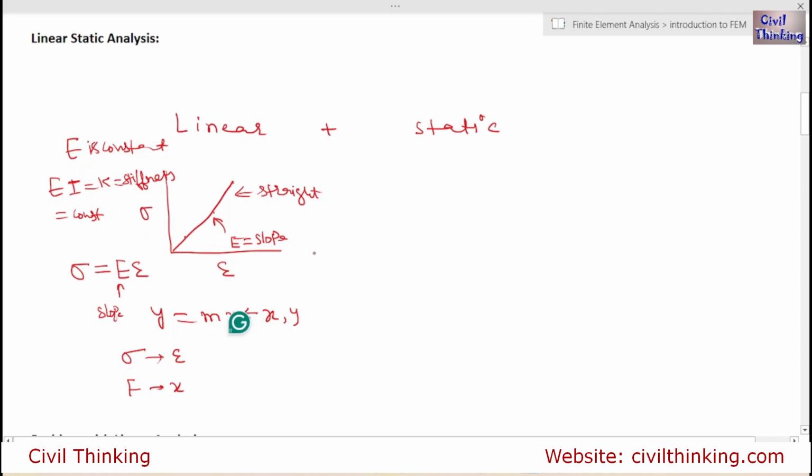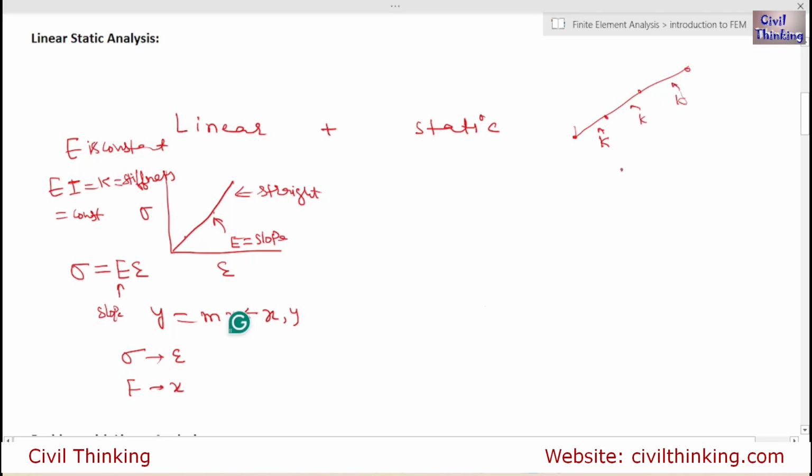Now in the finite element method, as we understood in the previous class, we always divide a body into a number of elements. So K might be different here, and we have K here, and K here.